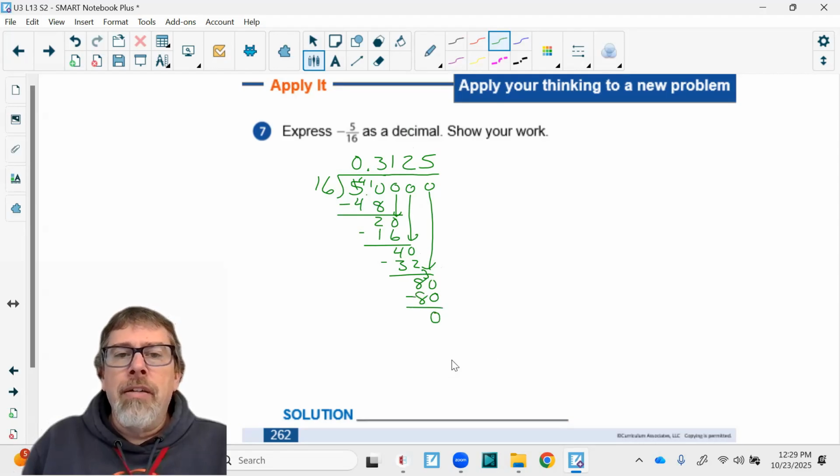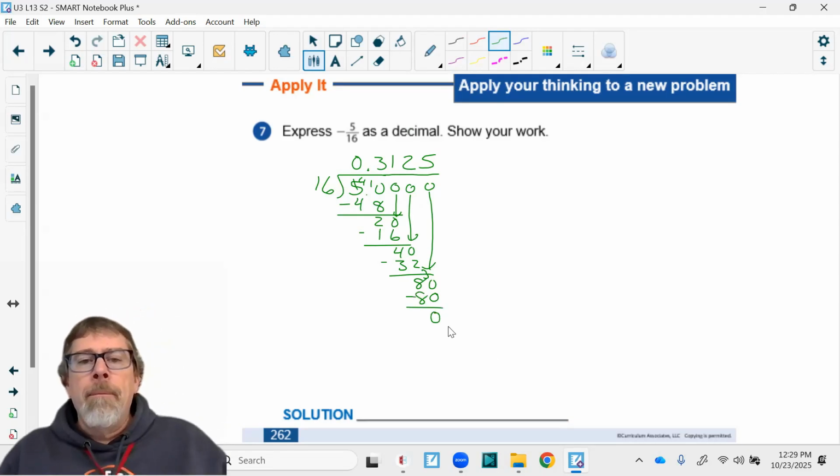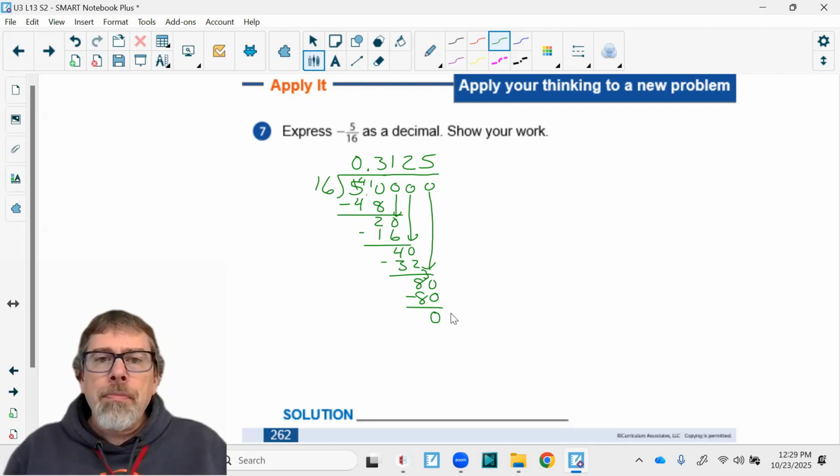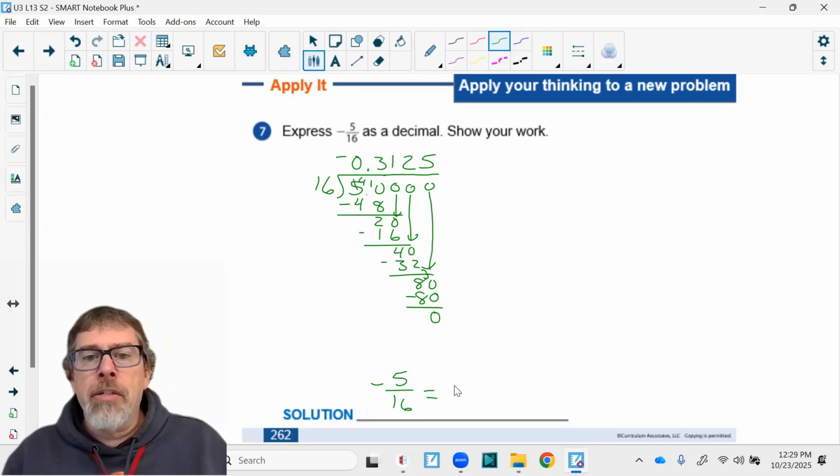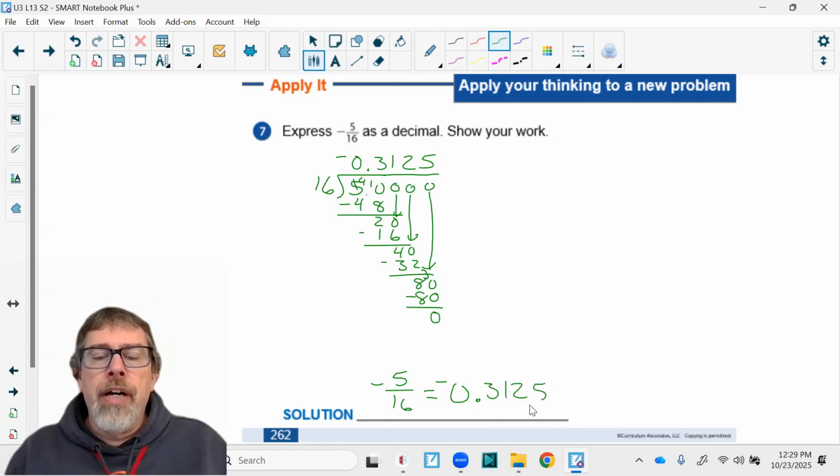And we finally get no remainder. So if you have no remainder, you're done. And negative 5 over 16 equals this number, but it's negative because a negative fraction is still negative as a decimal. So it's going to be negative 0.3125.